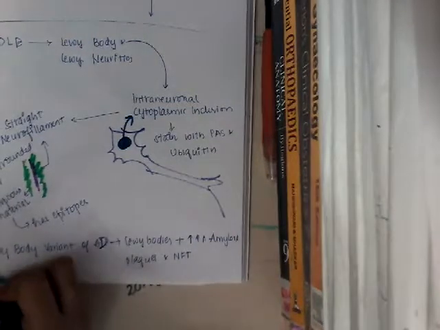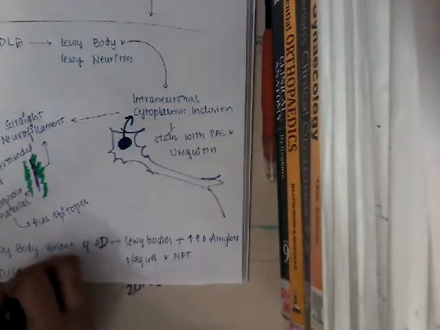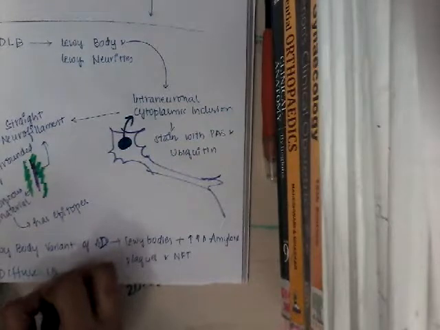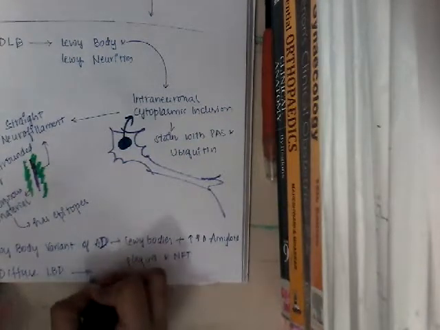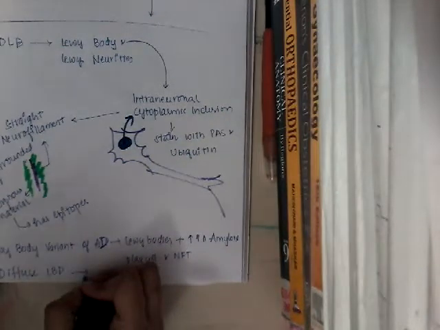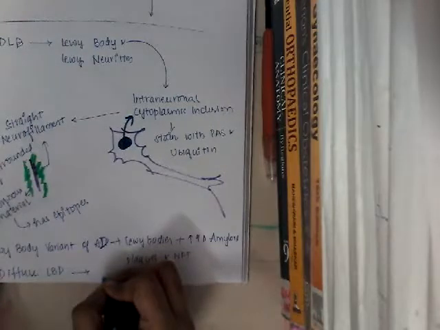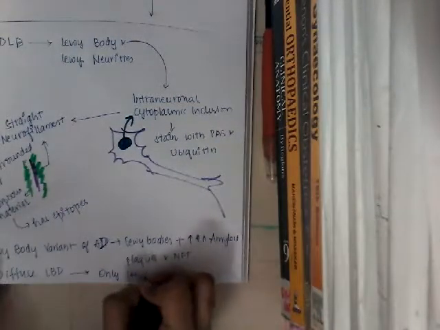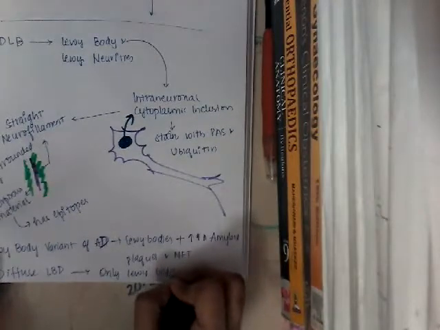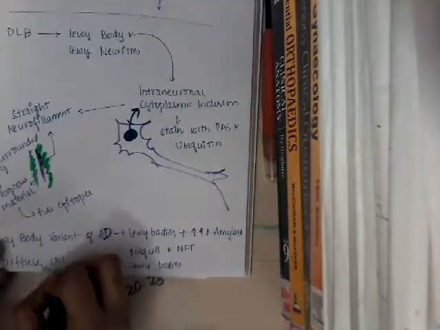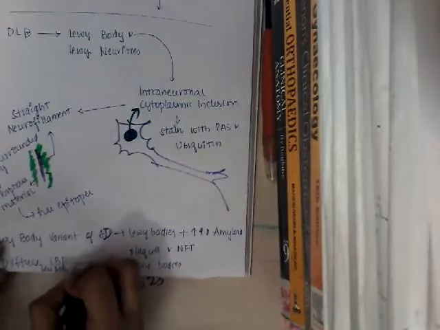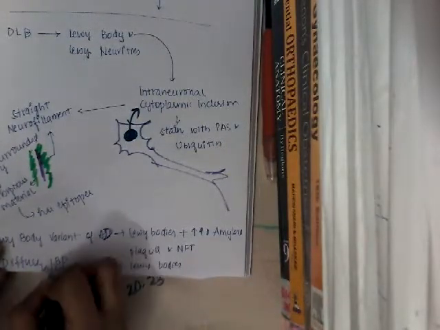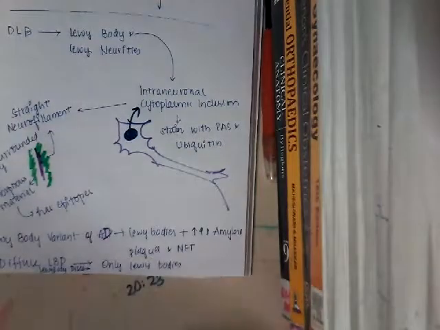If they have only Lewy bodies, then it is called diffuse Lewy body disease. So this is the major difference between them. This is Lewy body disease.